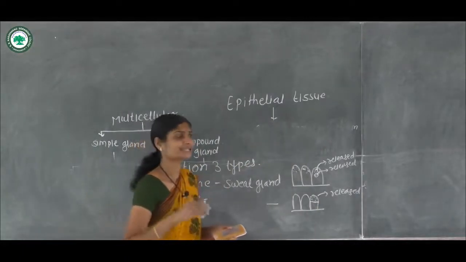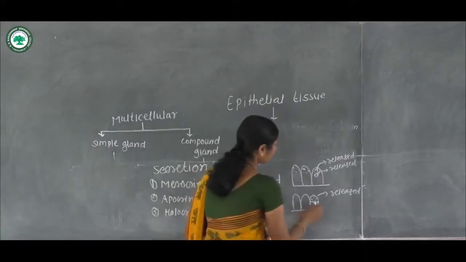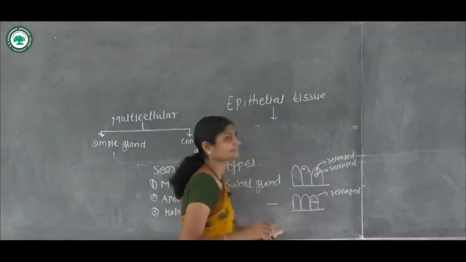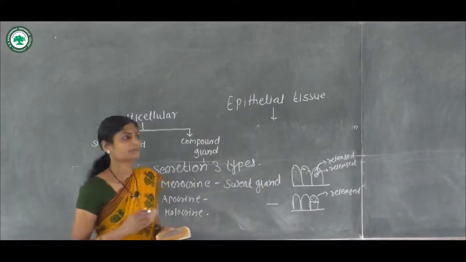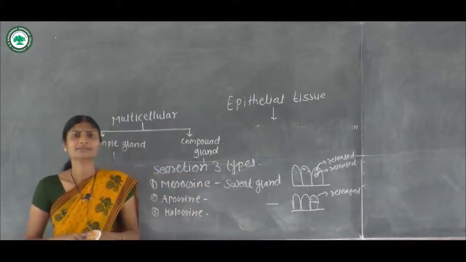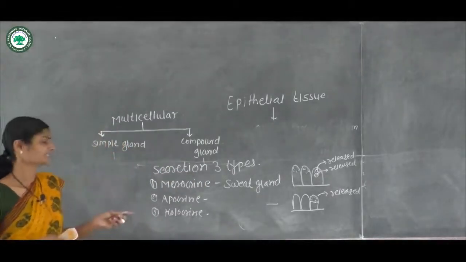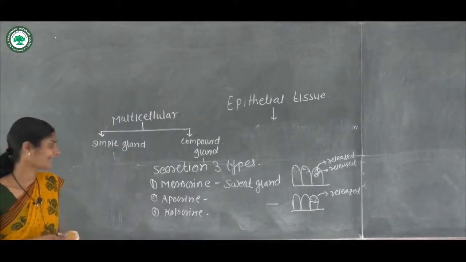Half the portion is released, and the remaining part again regenerates and forms new secretory product. This is called apocrine gland.